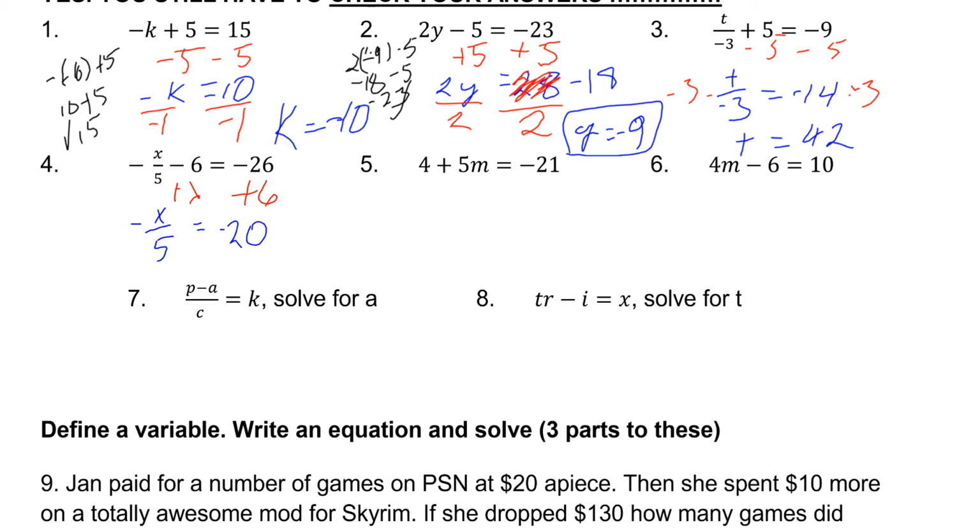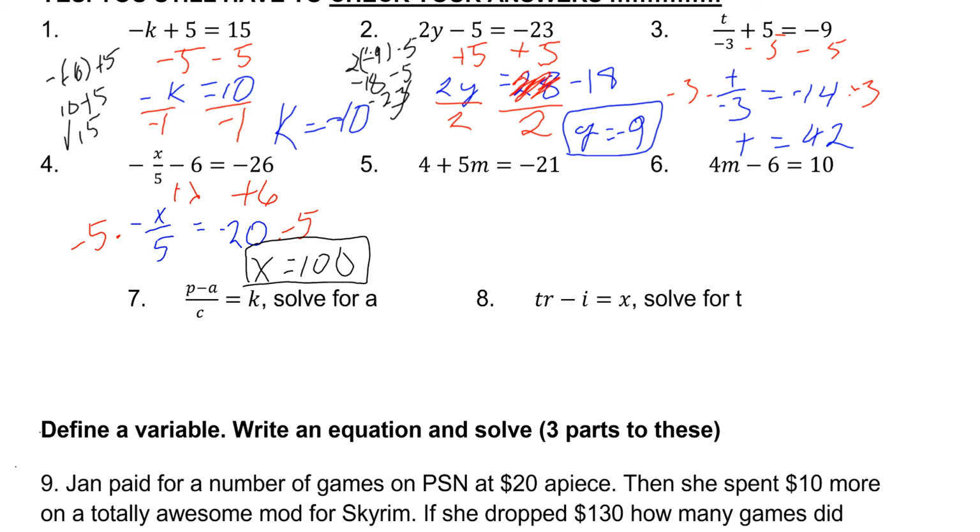Now I'm going to go ahead and multiply by negative 5, and that's going to leave me with x equaling 100. Let's check: 100 divided by negative 5 is negative 20, negative 20 minus 6 is negative 26. Boom, done. And that's about how fast you should be able to do these problems. Eventually. Keep practicing.